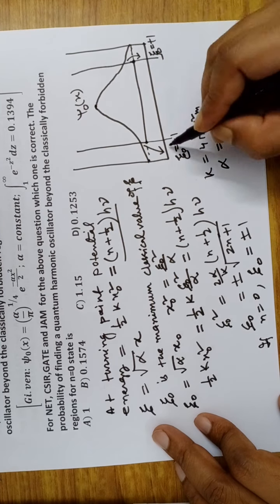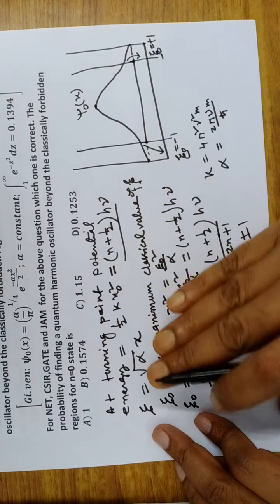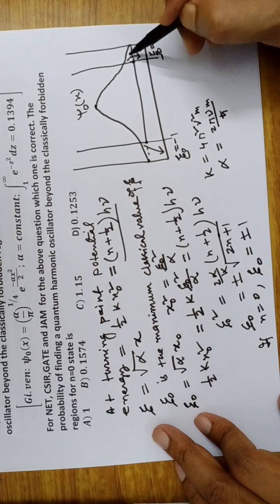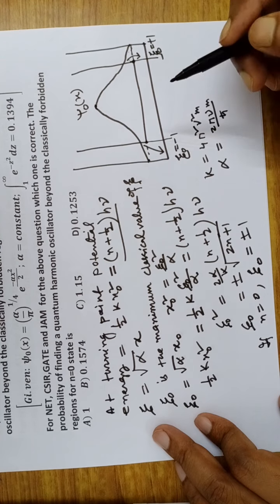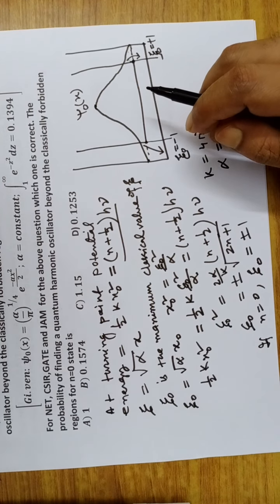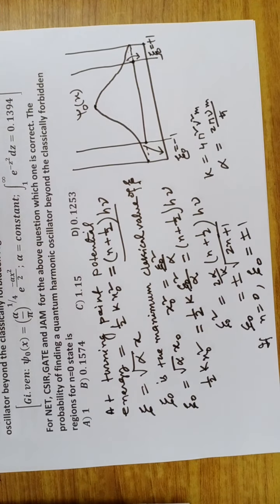So from this graph, this portion is plus 1 and this portion is minus 1. Now what happened?